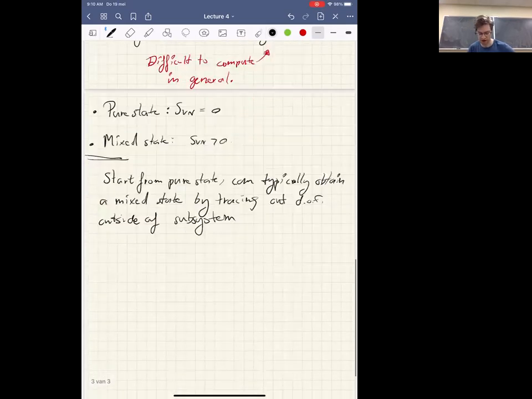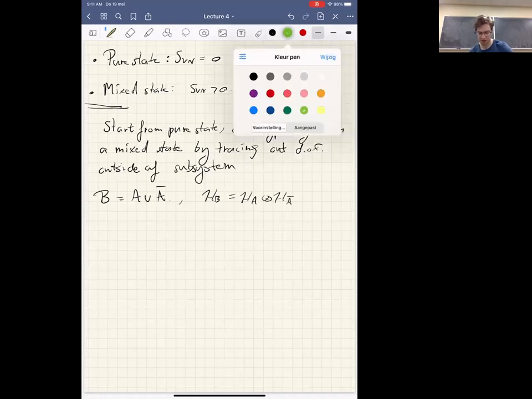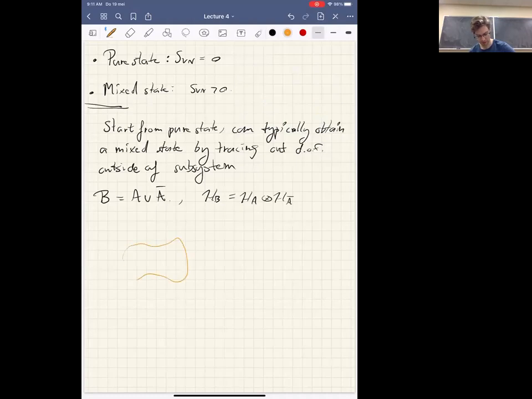Okay, so the picture that you can have in mind is the following. Let's say that I have some total system B, which consists of two parts, A and its complement, in such a way that the Hilbert space of the total system factorizes. Pictorially, we have some subsystem A that can be embedded in a bigger system, which we call A complement.